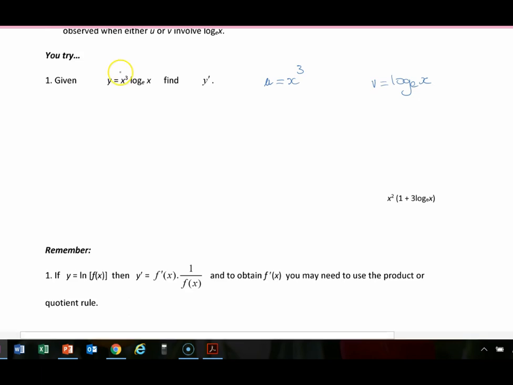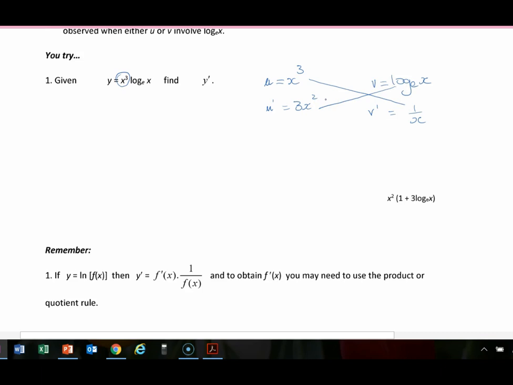So I can see that I've got a little function called x cubed, which I've chosen to call u, and to get u dash, I'm just going to differentiate that: bring the power to the front, subtract 1 from the power, not too difficult. The other function that y is made up of is log to base e of x, and we know that v dash is 1 over x. The reason why we set it up like this is we're going to join these two.